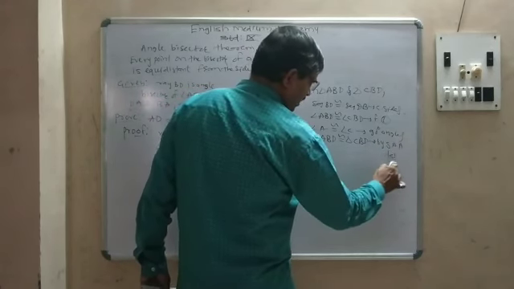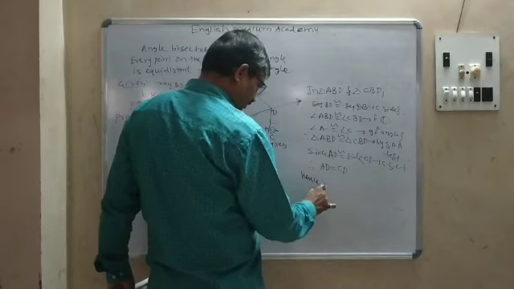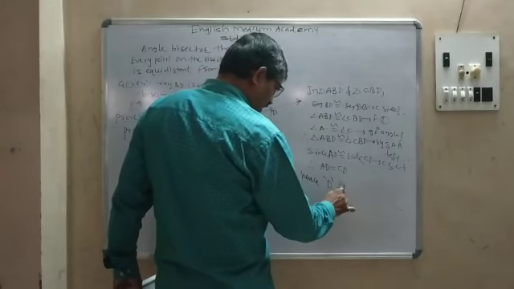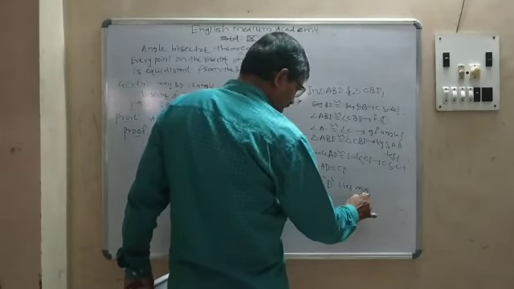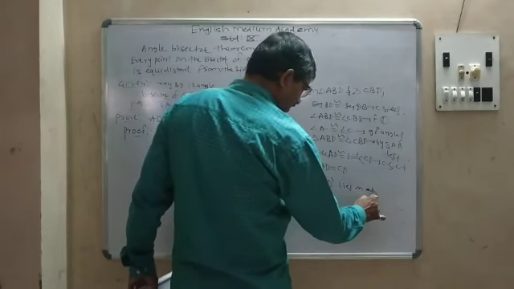Or you may directly write that every point on the bisector of an angle is equidistant from the sides of the angle. In this way, this theorem is completed.